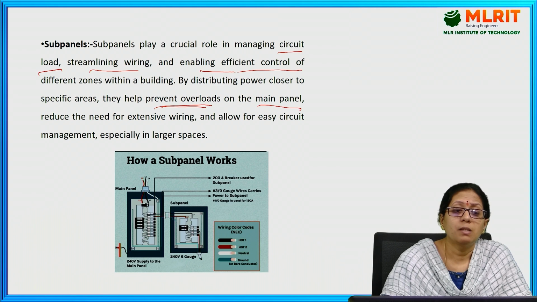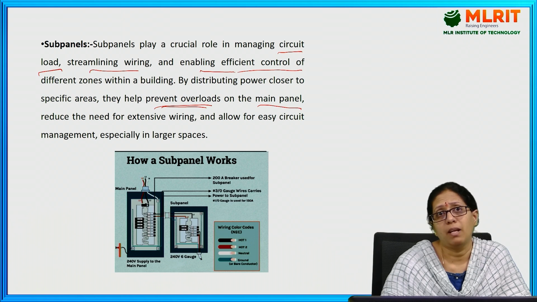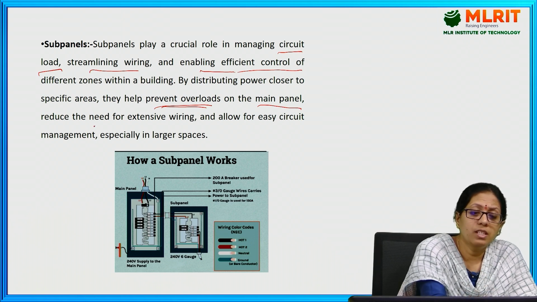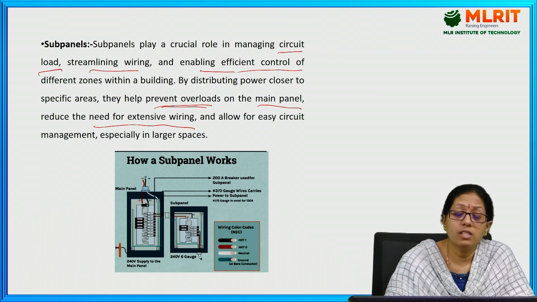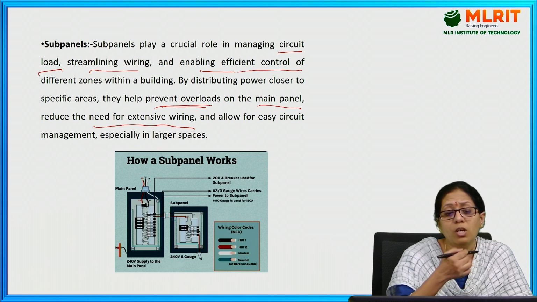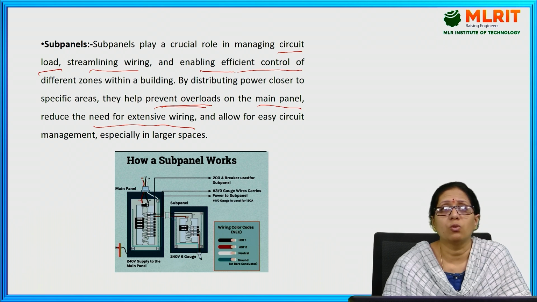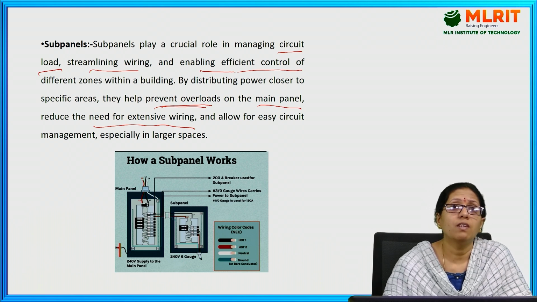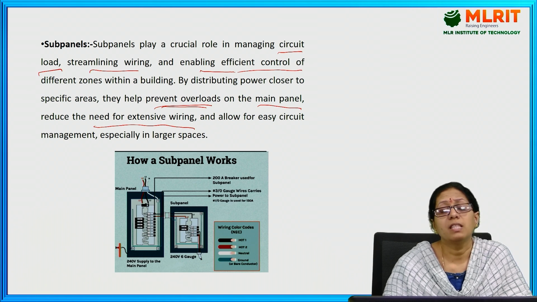So it is better to have sub panels instead of connecting all the circuits to the main panel, which reduces the need for extensive wiring. That is, if we are using only a main panel, from the main panel we have to do all the wiring to all the different sub circuits also. This extensive wiring can be reduced by connecting sub panels.